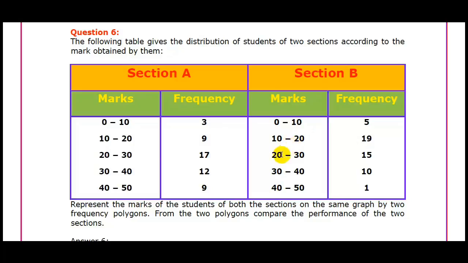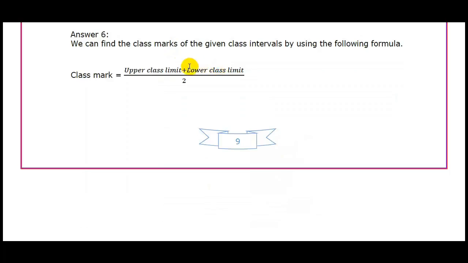So we are going to prepare a frequency polygon of these two sections and compare the performance of these two sections, that is of section A and section B. So to draw the frequency polygon of this given data, first we need to find the class mark, that is given by upper class limit plus lower class limit divided by 2. So we need to find the class mark of those given class intervals.